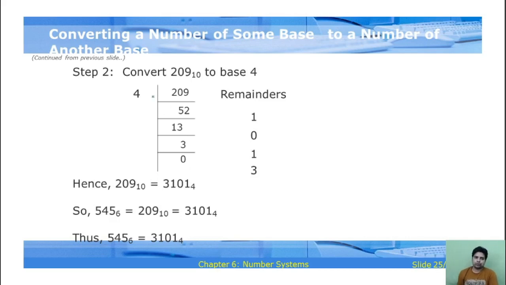We divide 209 by 4: quotient 52, remainder 1. Then 4 into 52 gives remainder 0, then 4 gives remainder 1, and finally remainder 3. Reading the remainders we get 3, 1, 0, 1. So 209 in base 10 equals 3101. Clear? Now we have reached 3101 from the decimal.